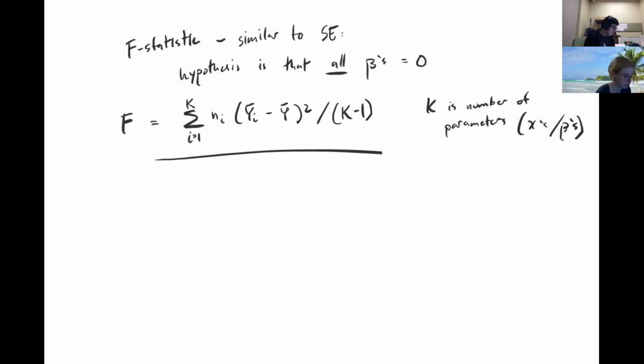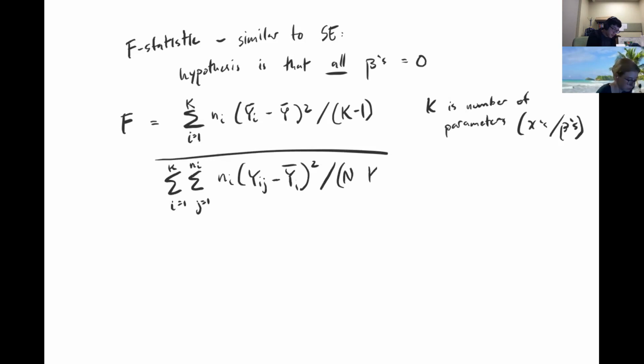Divided by... and we're working in slightly more dimensions here, right? Because you have both the number of data points versus the number of parameters in the model.